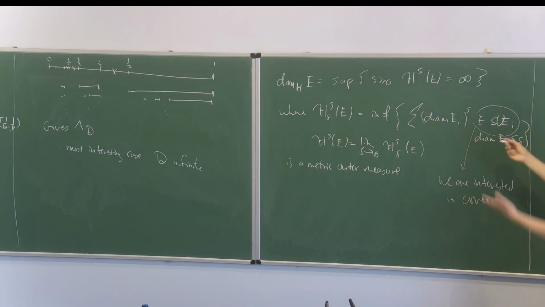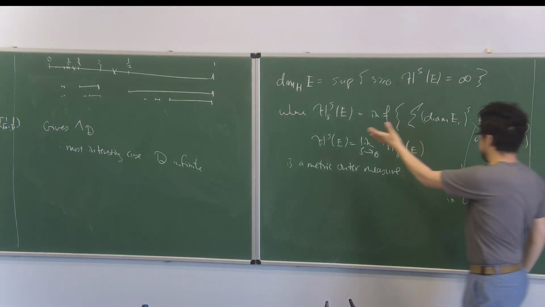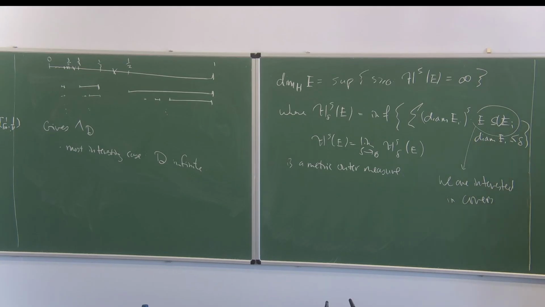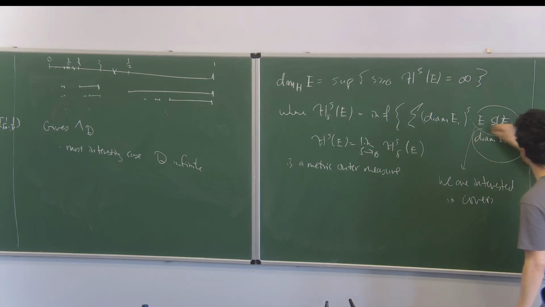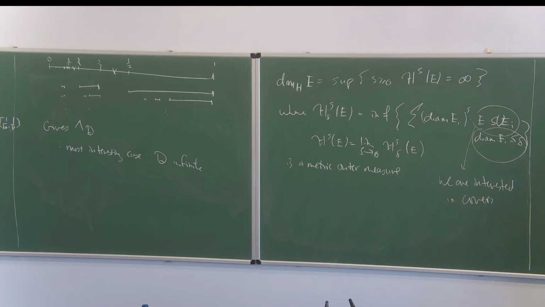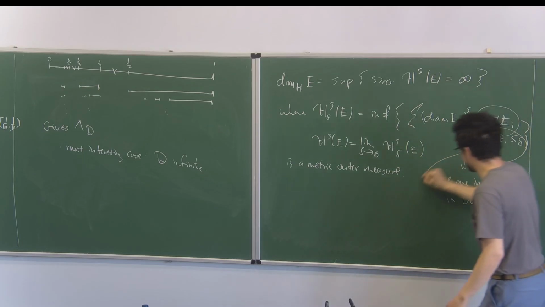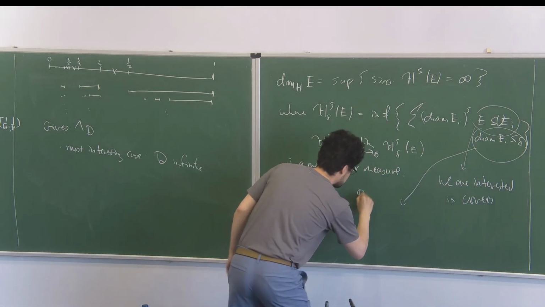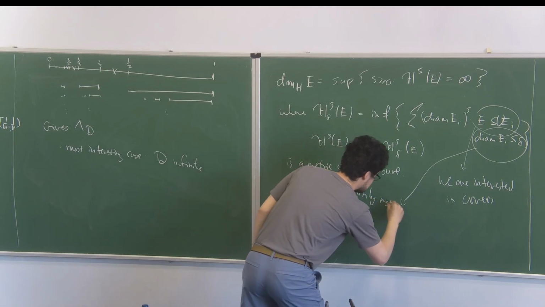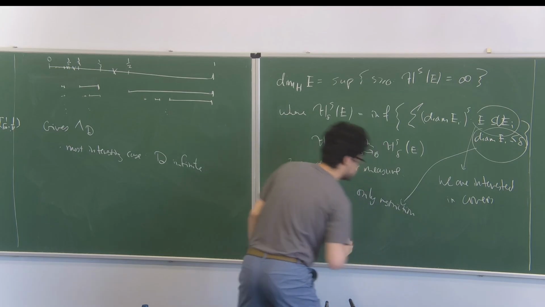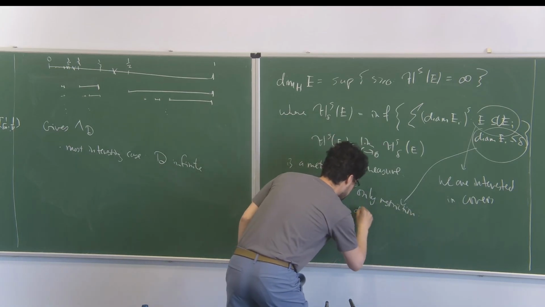And what are the restrictions on the types of covers which we are allowed? Well, the only restriction is this one. The diameter of the covers has to be small. I mean, we're going to take a limit as delta goes to 0, but yeah. So the only restriction is that the diameter must be small.